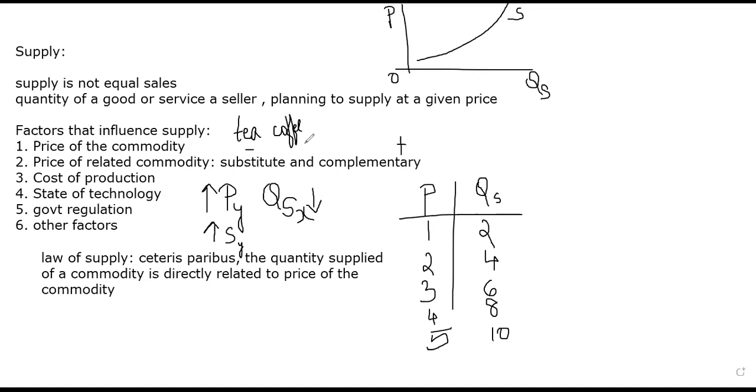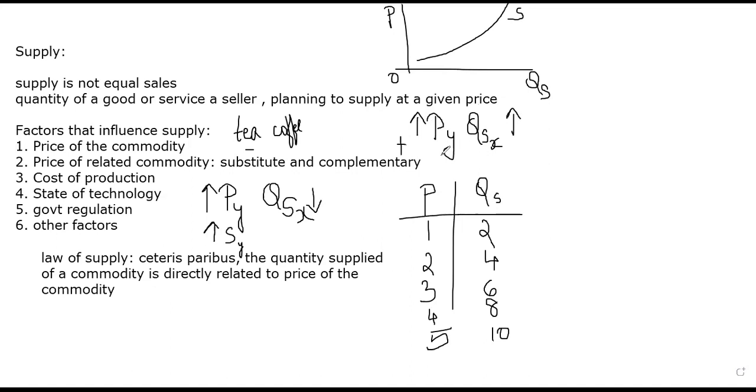Complementary goods are positively related. So when price of Y is changing, quantity supplied of X moves in the same direction. For example, bread and jam. If price of bread is higher, the seller would be supplying more of bread. And you have to take bread and jam together, right?